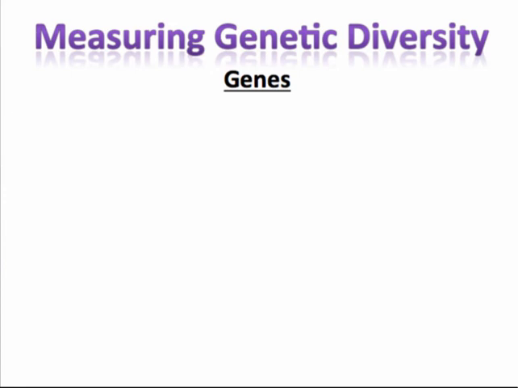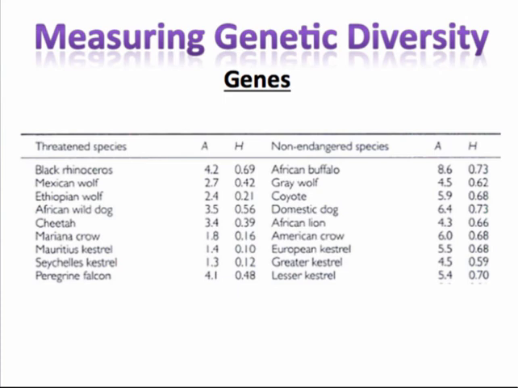We can compare the allelic diversity and the average heterozygosity in different populations and tell how genetically diverse a population is. So let's take a look at this table. This is pretty interesting. Here we're looking at a group of threatened species on the left compared to a group of non-threatened similar species on the right.